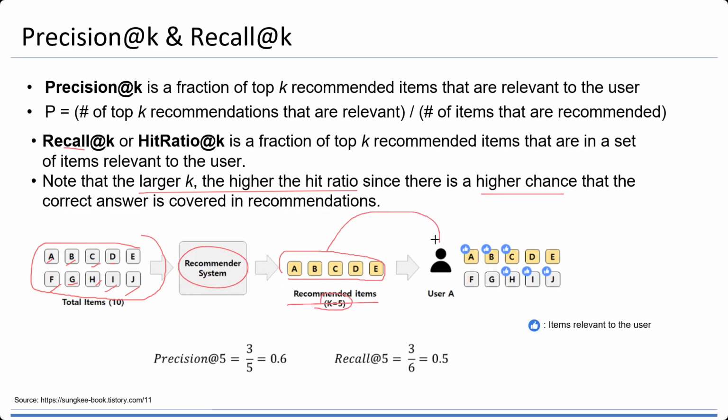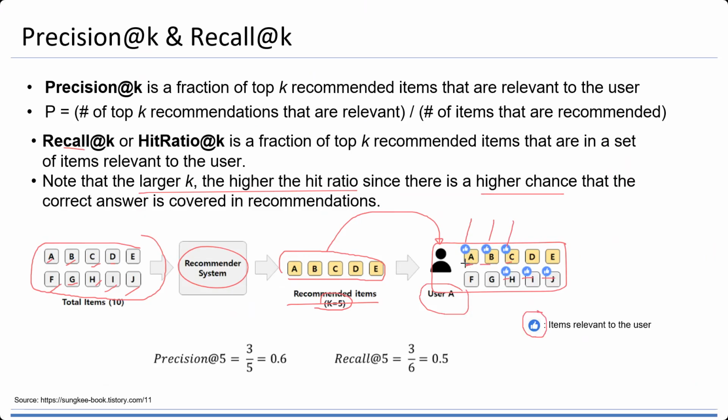Let's take a look at the details for user A. From these 10 items, user A actually likes items A, B, C, H, I, J. The like button means user A thinks that this item is relevant.